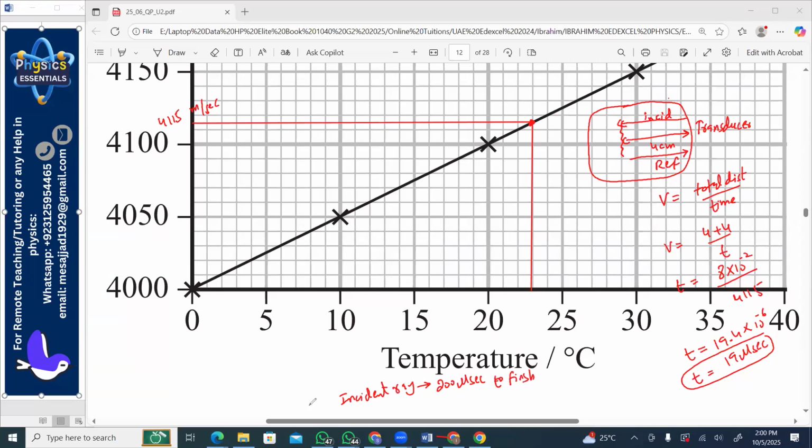And before the incident ray finishes, the reflected ray arrived in just 19 microseconds. So what will happen? Overlapping happened, and we will not be able to see the crack. So the crack will not be detected.